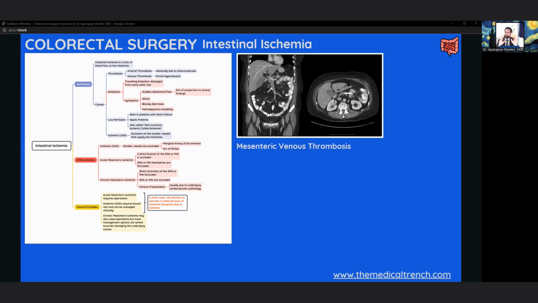So, for example, you can have thrombosis, you have arterial thrombosis or venous thrombosis, and arterial thrombosis generally occurs in patients with atherosclerosis, right? So your typical patient would be somebody who's kind of obese and is on heart medication. They may be taking statins for whatever reason, and they may already have ischemic heart disease.